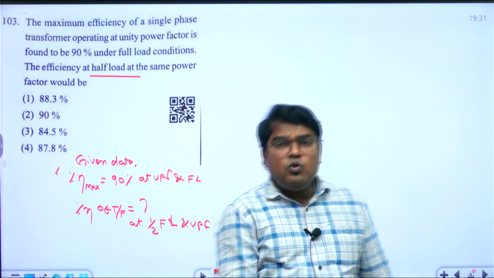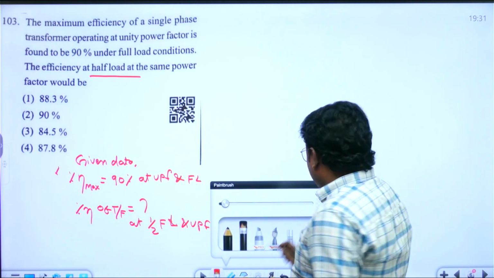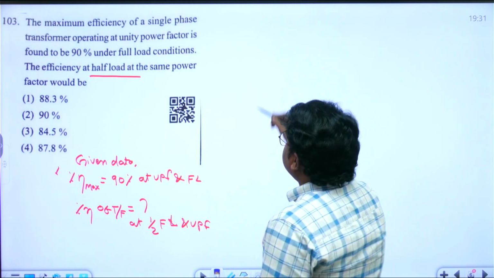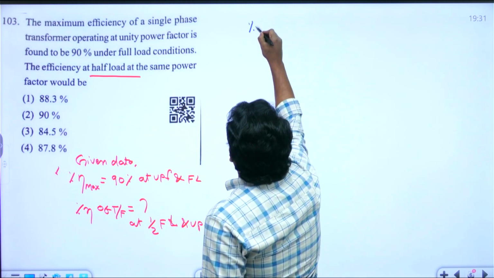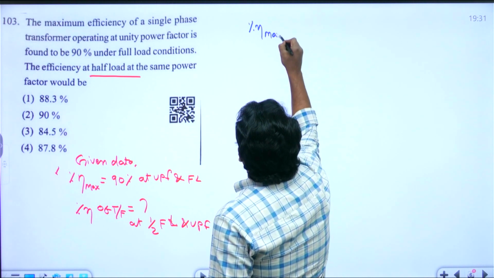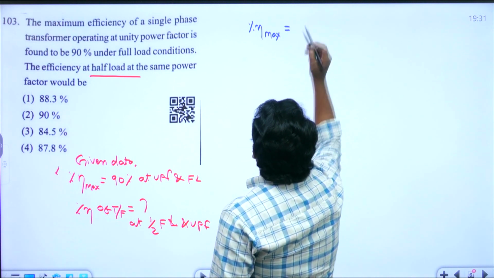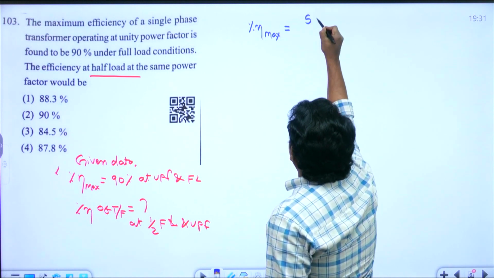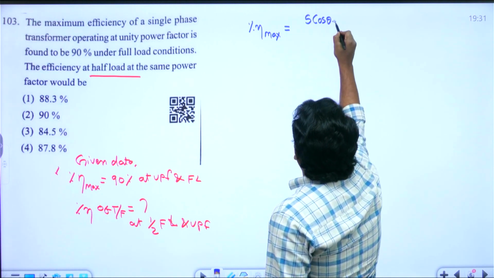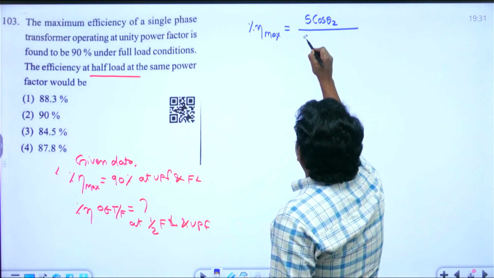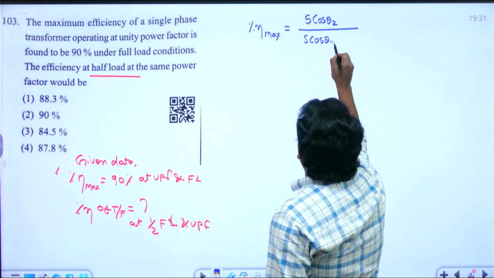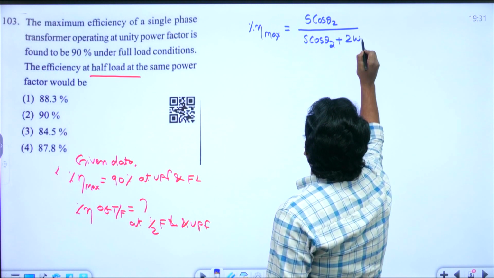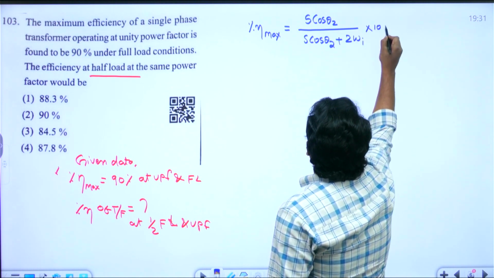Now, how do we solve this question? We know that the percentage maximum efficiency of the transformer is equal to S cos theta 2 divided by S cos theta 2 plus 2 times the iron losses, multiplied by 100.